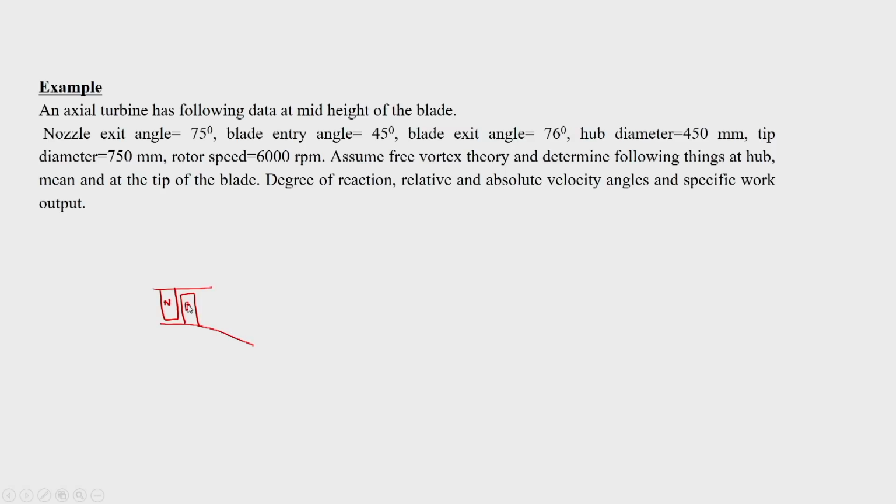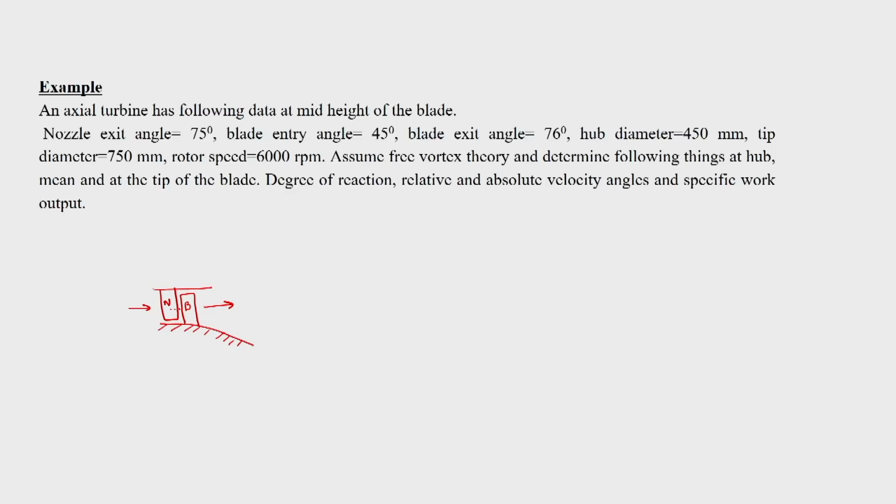So this is the typical configuration of a stage in the case of the axial flow turbine. This is how the flow moves along the axis, and this is the hub where it is mounted.